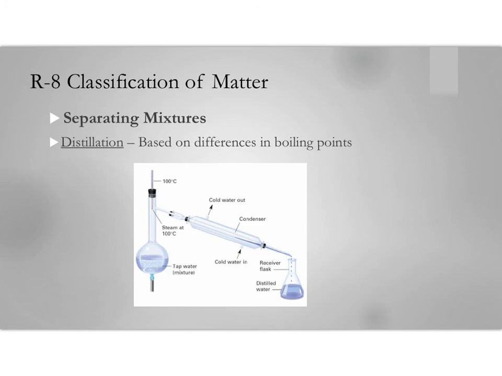The last bit here in this section is about separating mixtures. There are many ways that chemists can separate mixtures of compounds or molecules or elements, but the ones here are some of the most basic. First is distillation. Distillation uses differences in boiling points to separate usually two liquids.